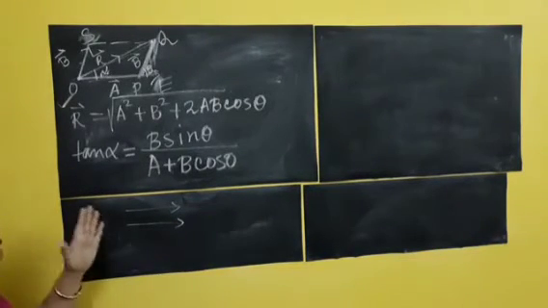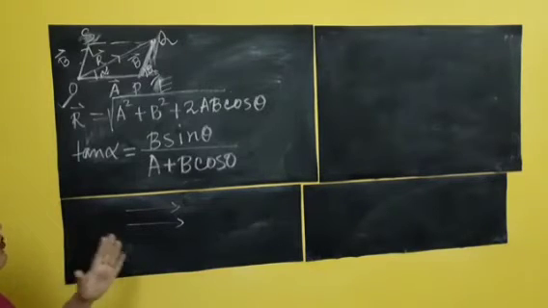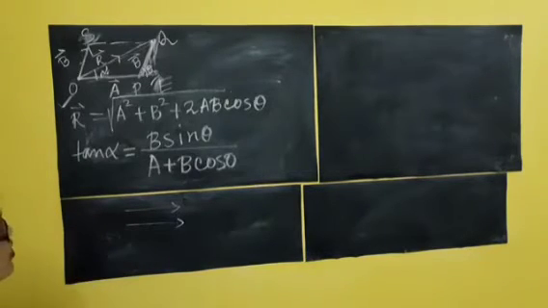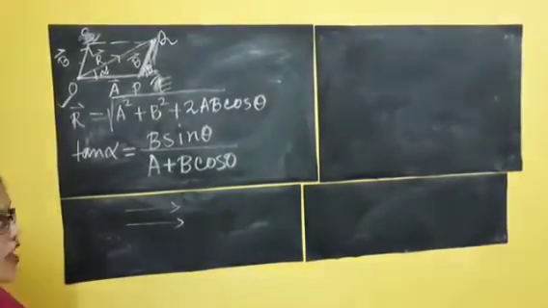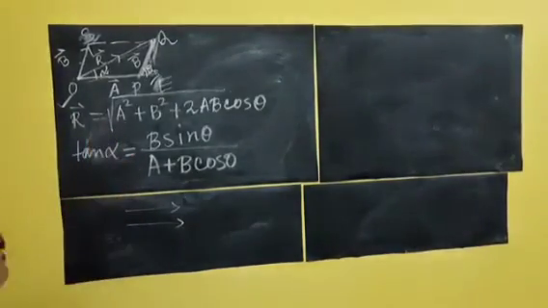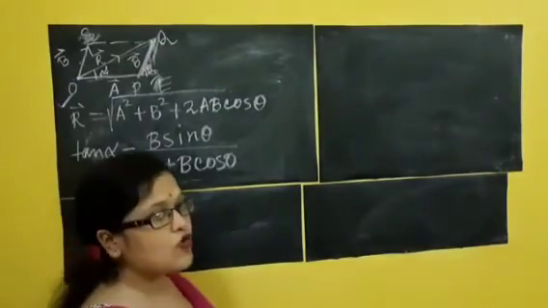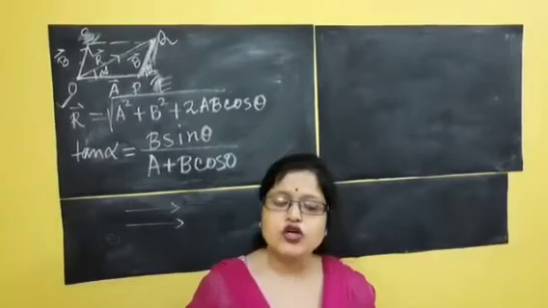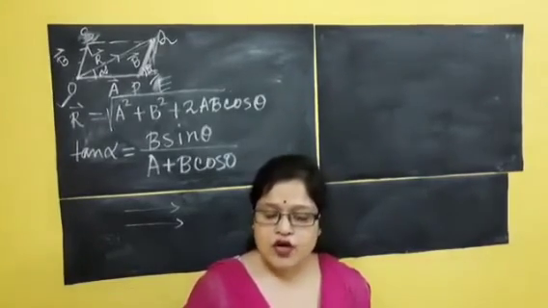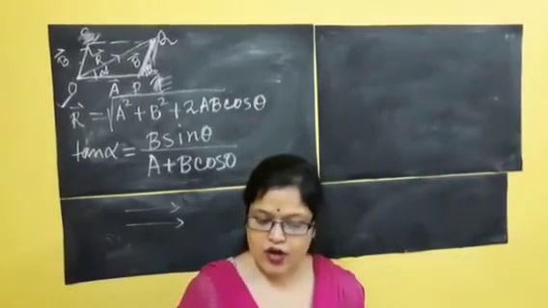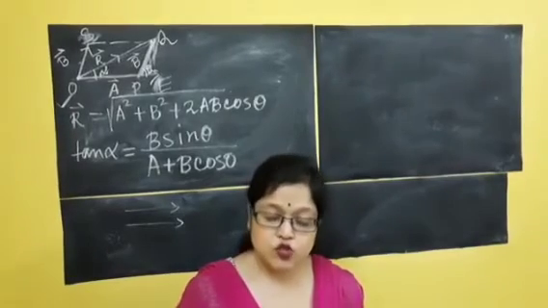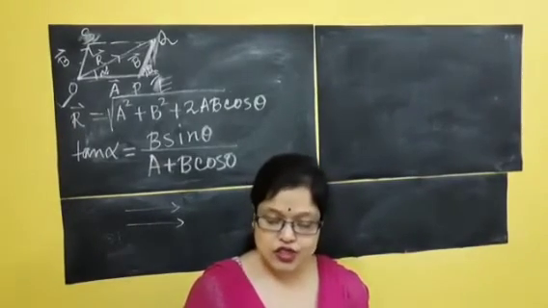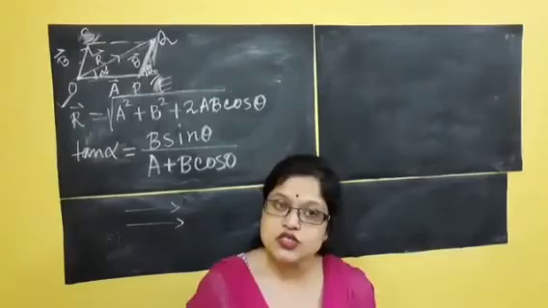Two vectors proceeding along the same direction, so what is the angle between them? The angle between them, theta, is 0 degree because they are parallel to each other. What will be the value of cos 0? We know that cos 0 is 1 and sin 0 is 0.